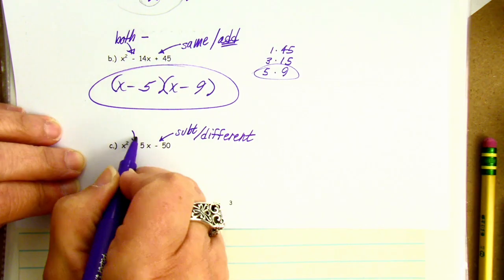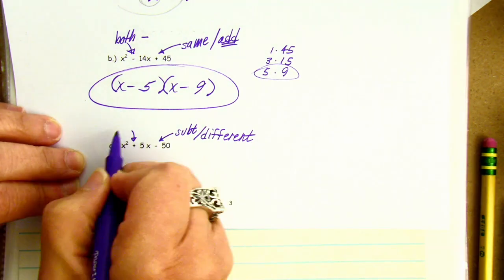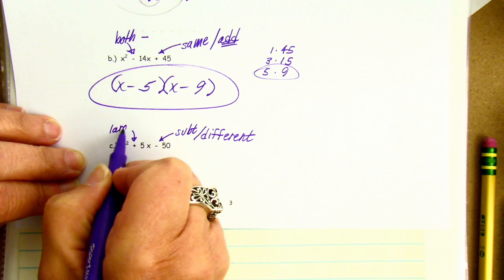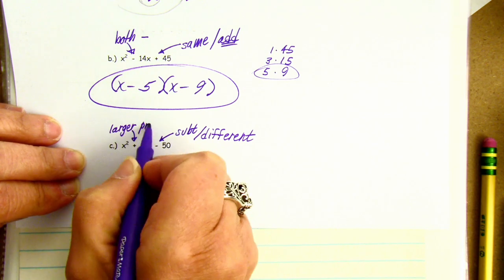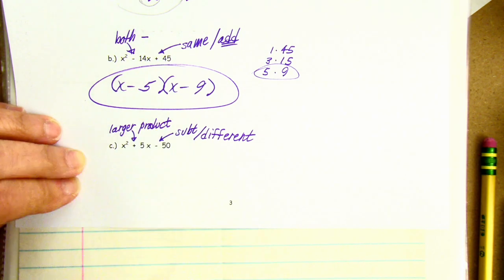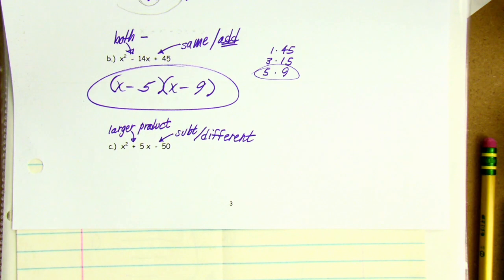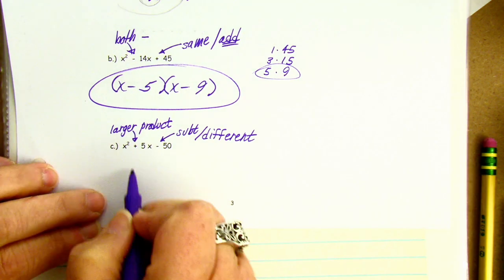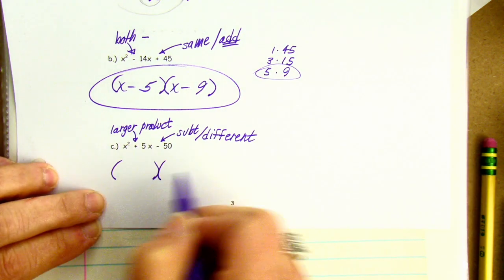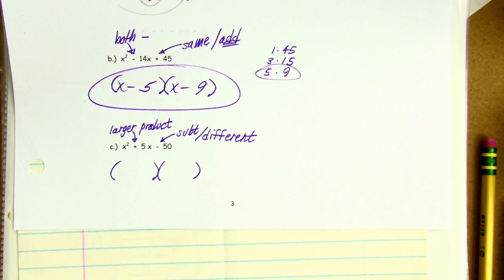Since they're different, this middle sign is the sign of the larger product. I always say larger product because it is the product of the outers and the inners. I never say larger number because when we factor when a is bigger than 1, it's not always the larger number in this first or second binomial. Okay, it's always the larger product.